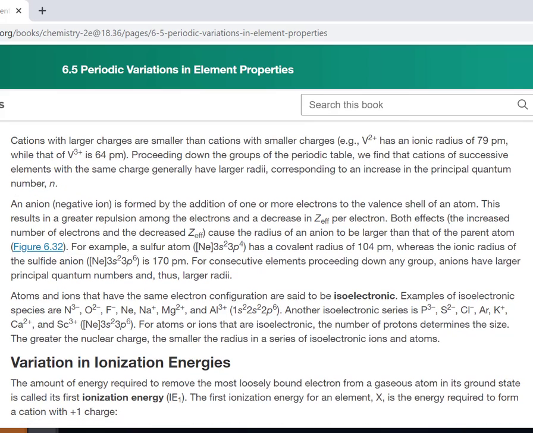We can talk about atoms and ions being isoelectronic, so that means they have the same number of electrons. We'll be talking more about this, I believe, in the next module, but you can see a trend here where they all have the same number of electrons as a noble gas, and that's often going to be the way it works out. Again, more detail on that in the next module.